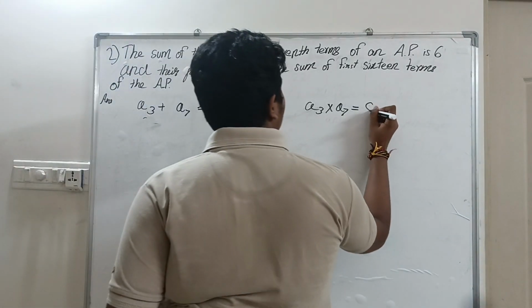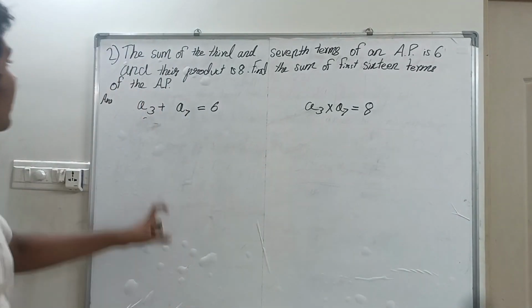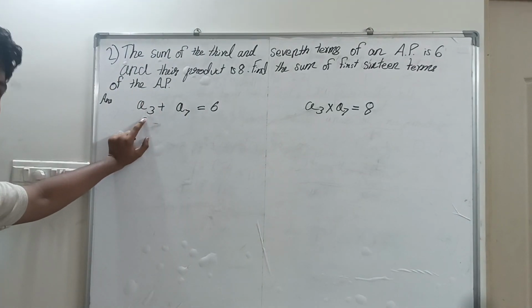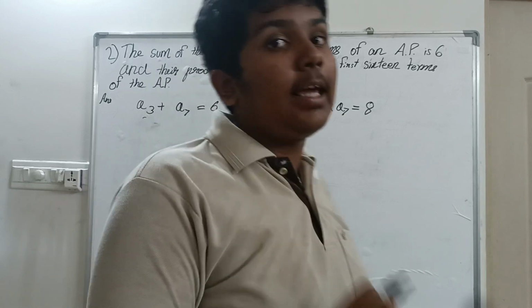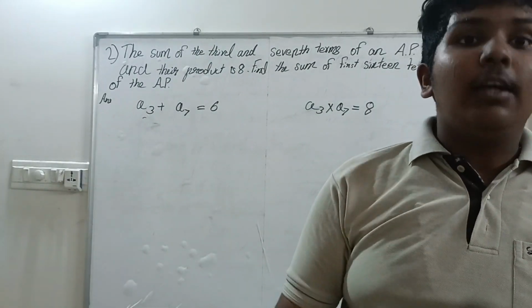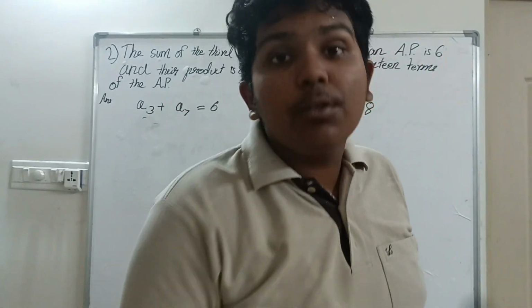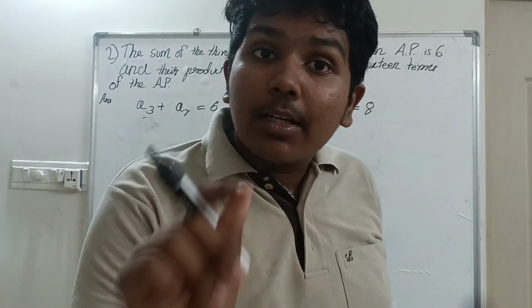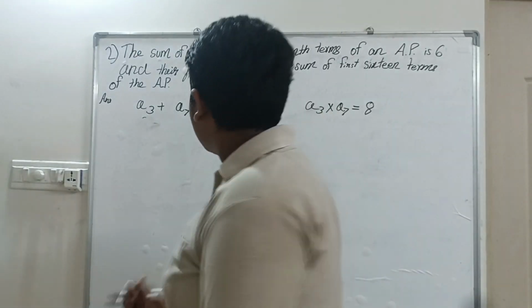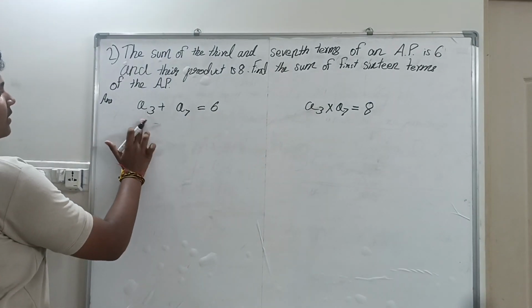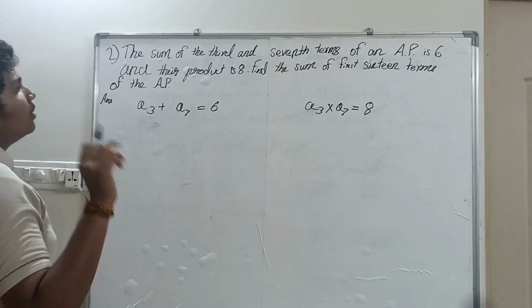Now you try to substitute this A3 with the formula, that is an is equal to a plus n minus 1 whole d. So here given n is equal to 3. So what should you do?